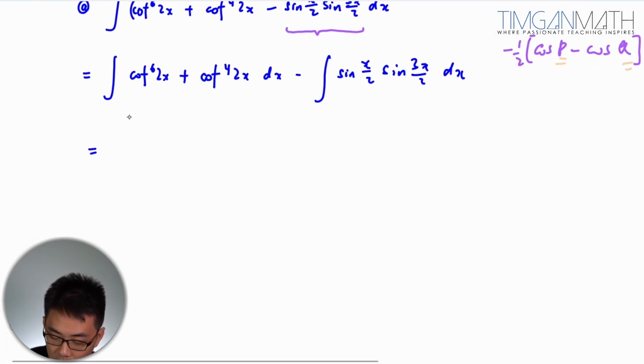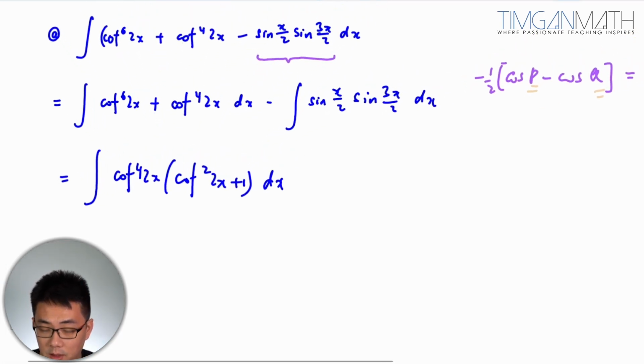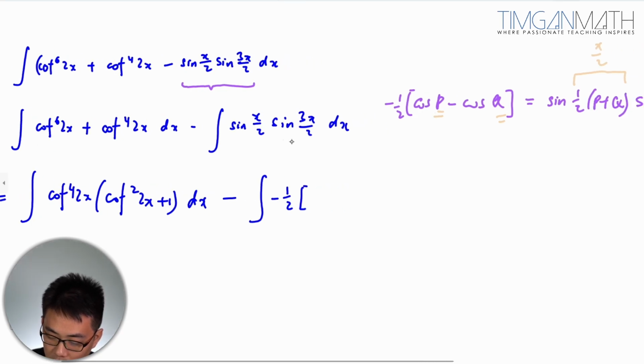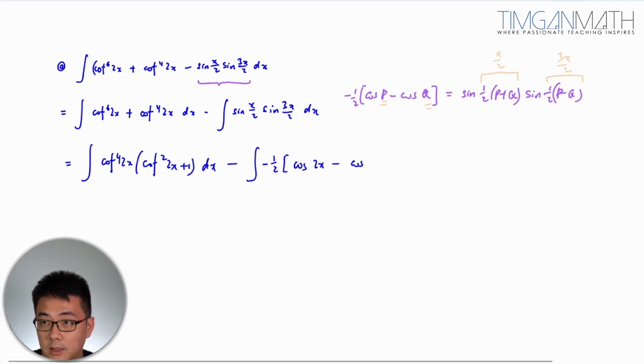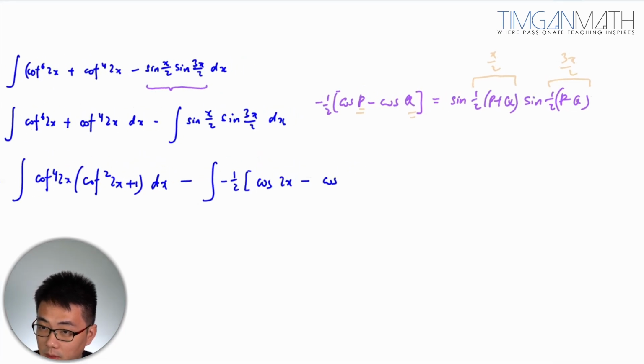Now this one here, what I'll suggest is just factorize the cot to the power of 4 out first. I will see what we'll get. Cot to the power of 2x plus 1 dx. Alright, then for the second part here, we know that this will just be minus half cosine p, which is adding of these two, would be cosine 2x minus cosine, minus of them would be minus x here.